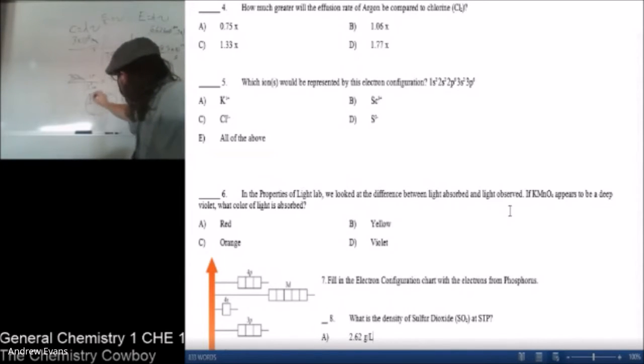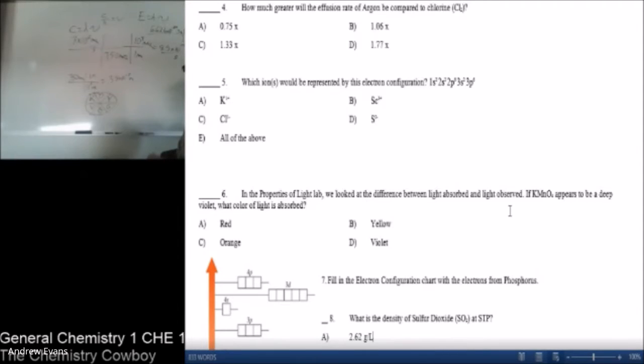We have red, orange, yellow, green, blue, violet. The rule states that the color opposite of the observed color is the one that is chiefly absorbed. If you look across from V, the color is yellow.